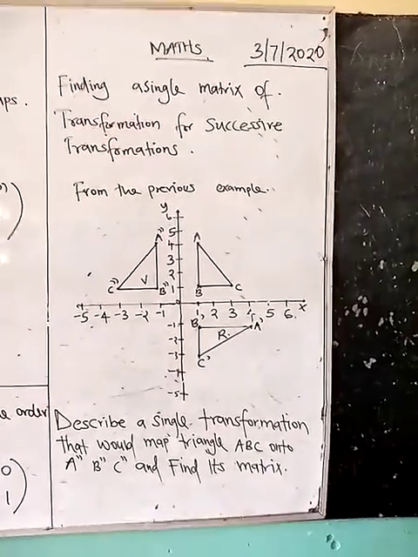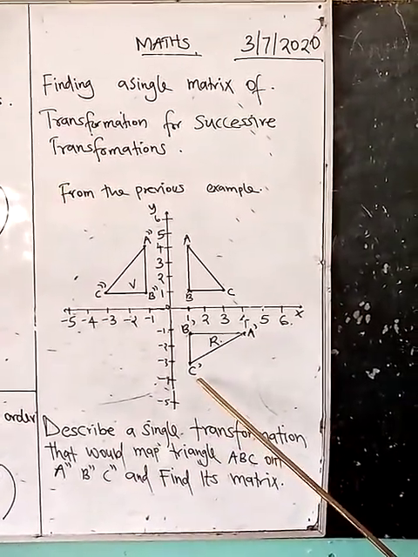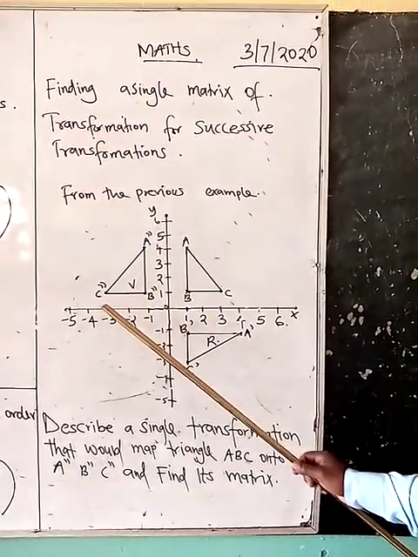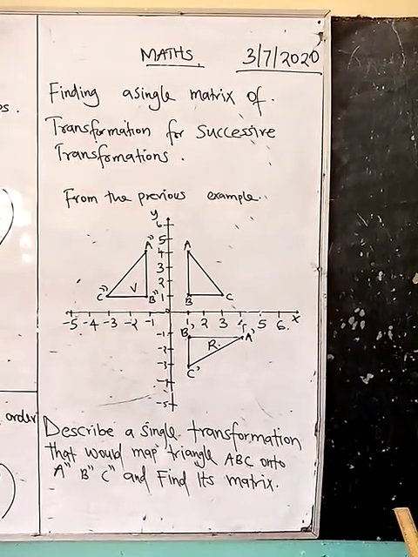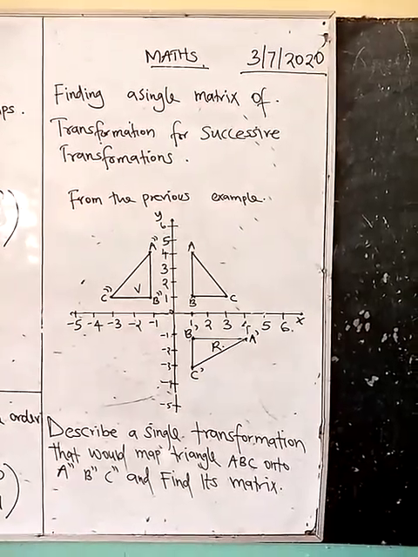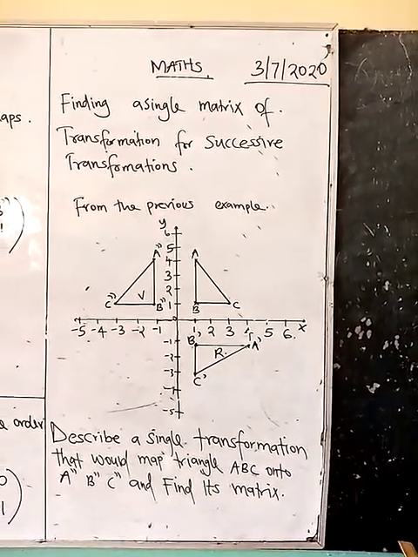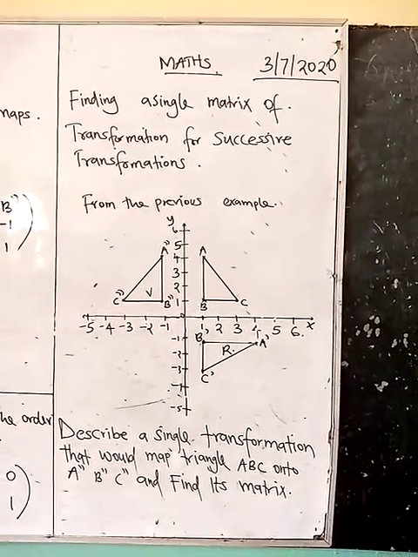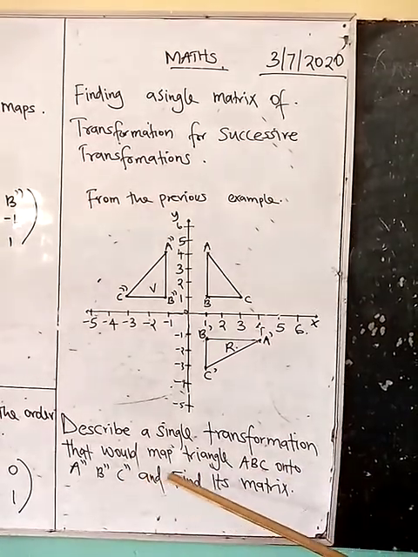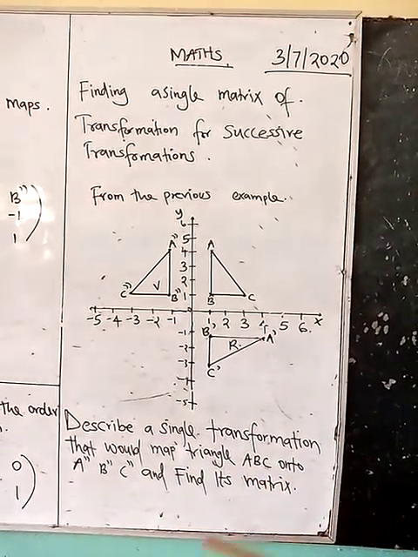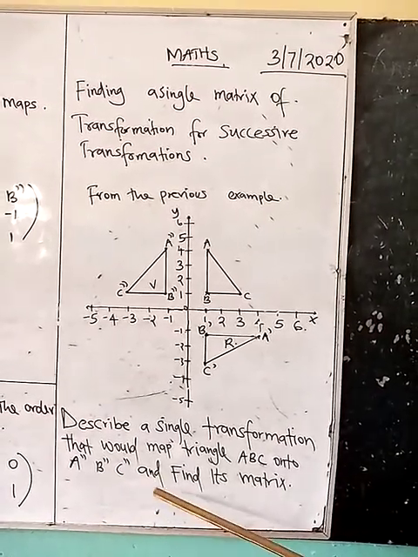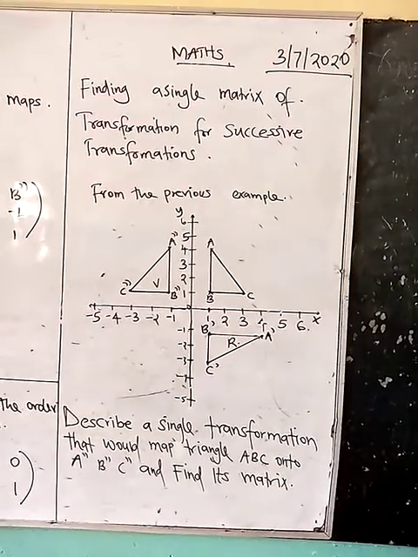Then we got the image A double prime, B double prime, C double prime, which was the image of triangle A prime, B prime, C prime under reflection in the line y = x. Now, describe a single transformation that would map triangle ABC onto A double prime, B double prime, C double prime, and find its matrix.